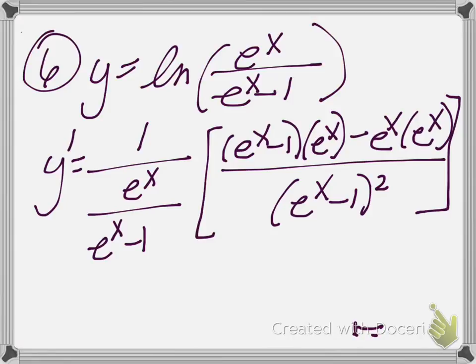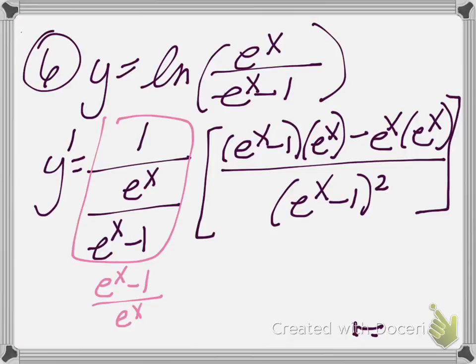Okay, and I just want to point out that when you have 1 over a fraction, it just flips the fraction over. So that whole first term would turn into that. Then, of course, if you want to go further and simplify, be my guest. Okay, number 7.